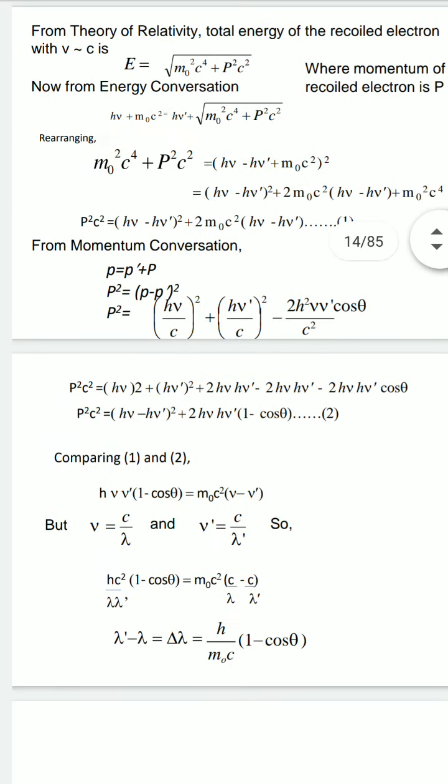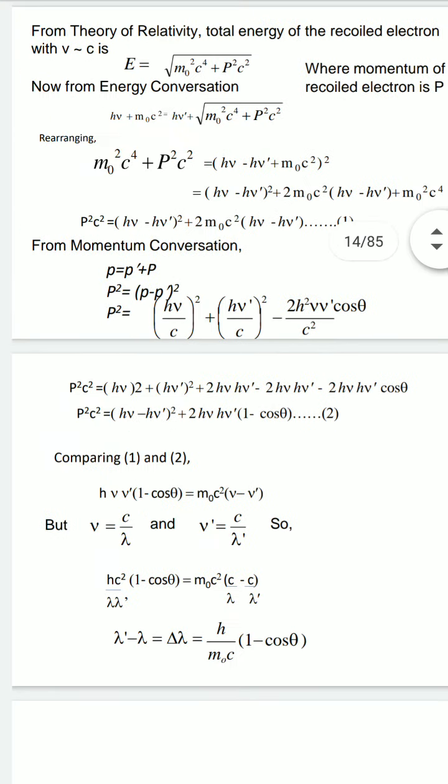So in both equations 1 and 2 we have the same left-hand side, so we can equate the right-hand sides. Comparing these two equations and equating the right-hand side, we will get h nu nu dash into 1 minus cos theta is equal to m0 c square into nu minus nu dash.